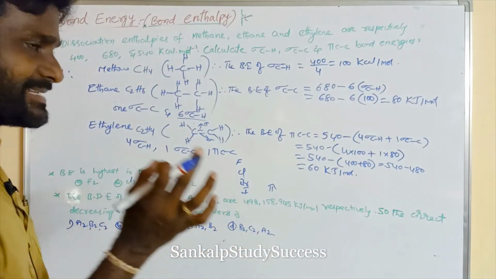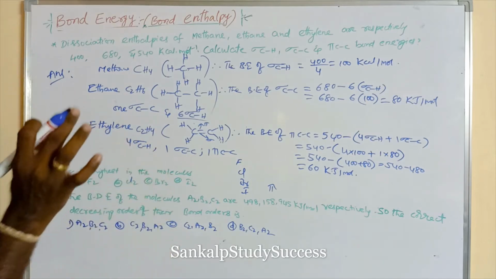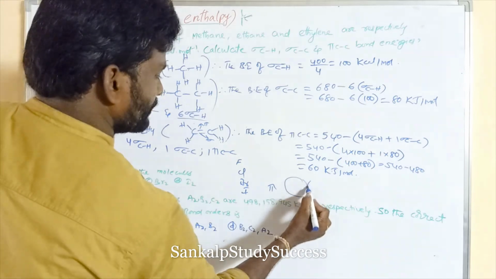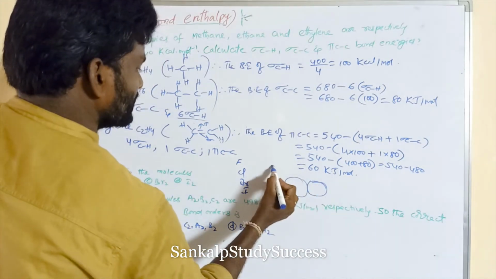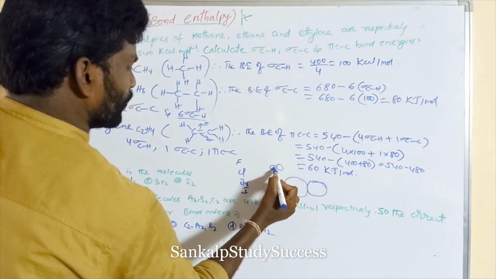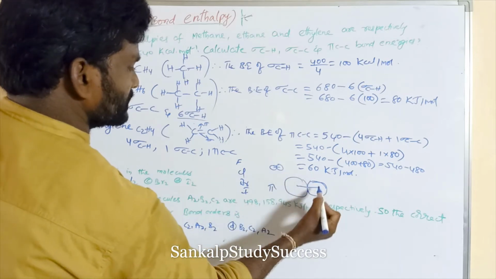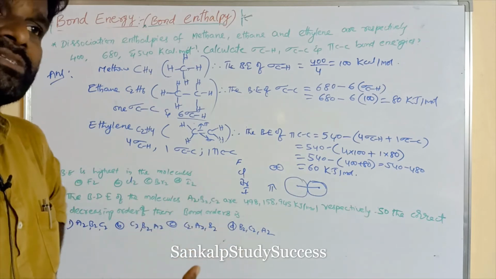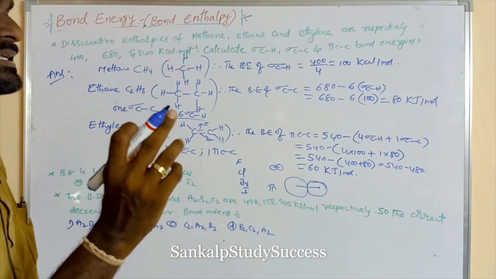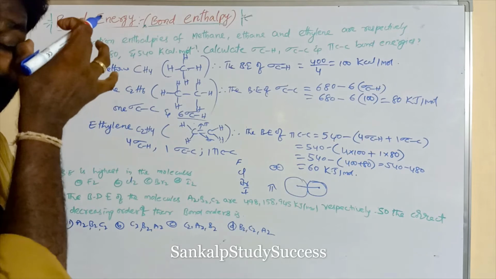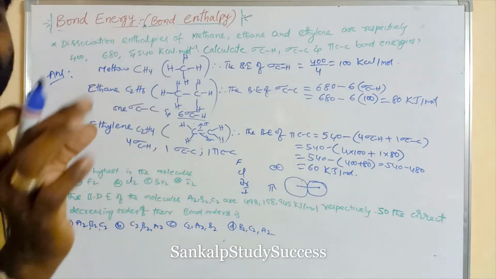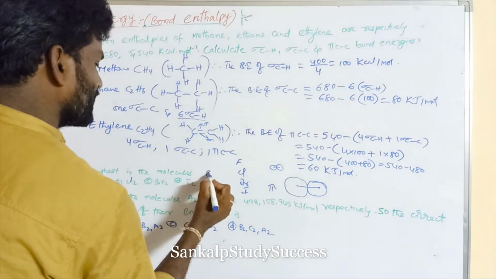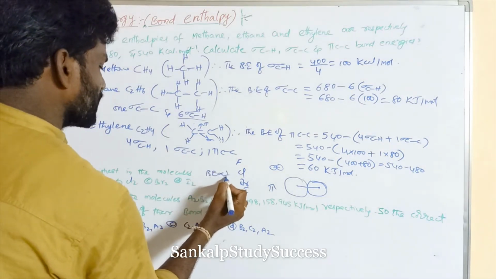If the atomic size increases, bond length increases. So if the size of the atom increases, its bond length increases. We know that if the bond length increases, bond energy decreases. Bond energy is inversely proportional to bond length.